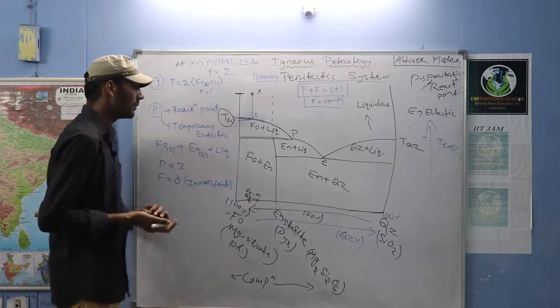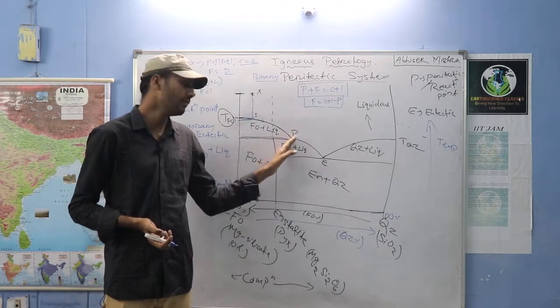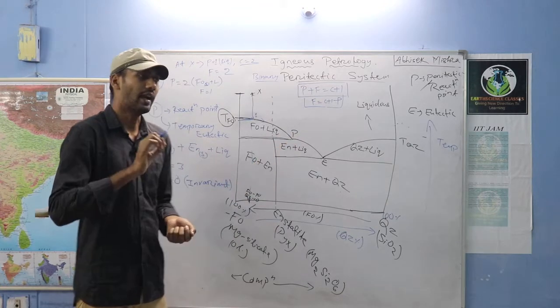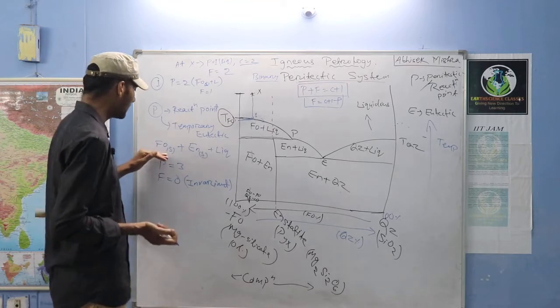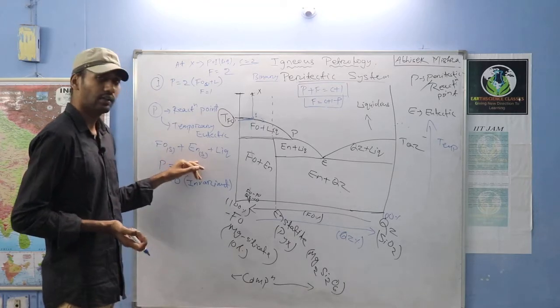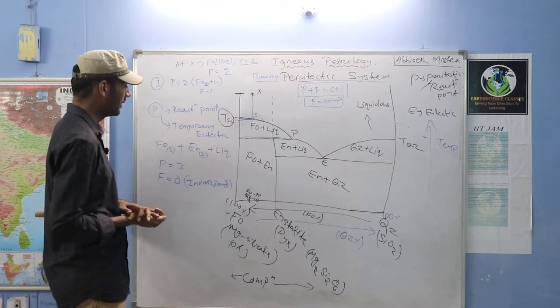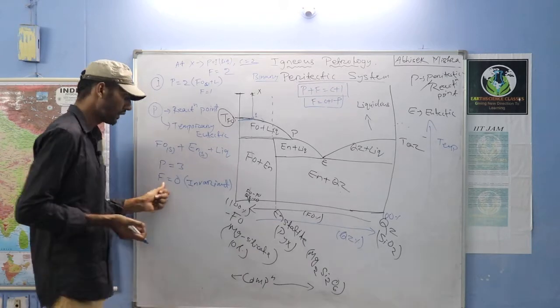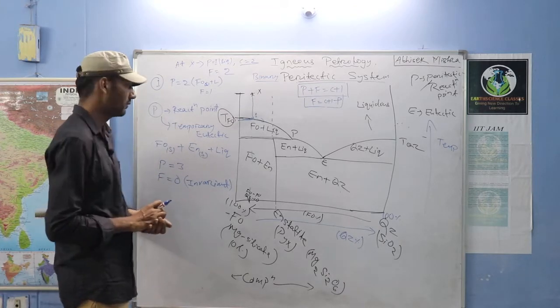That means the magma will not move from this point. At that temperature there will be simultaneous crystallization of forsterite and enstatite, and there is a liquid. The magma will not move because degree of freedom becomes 0.